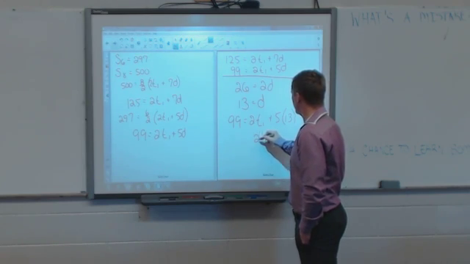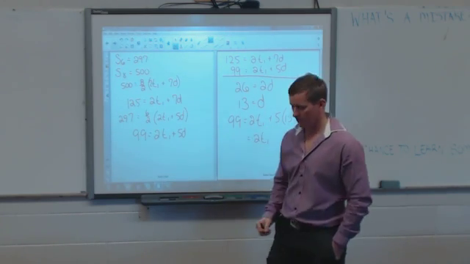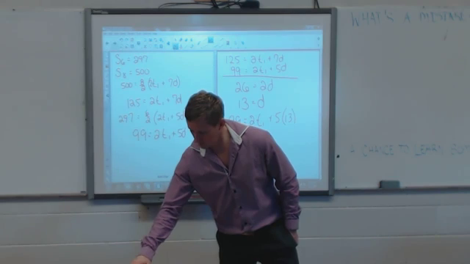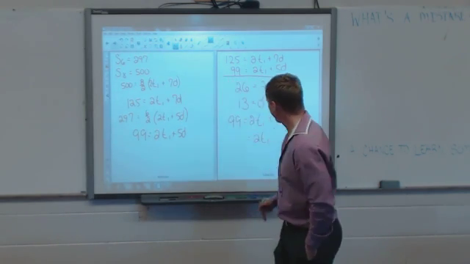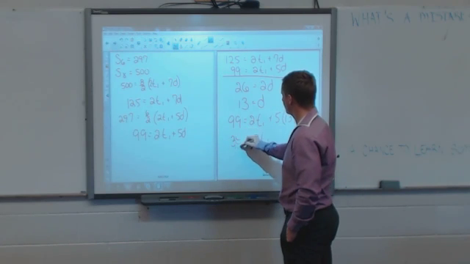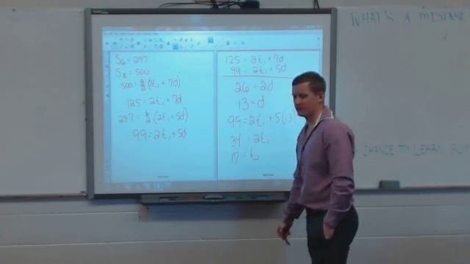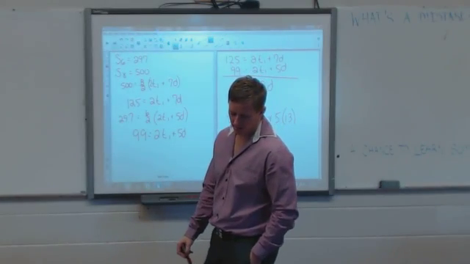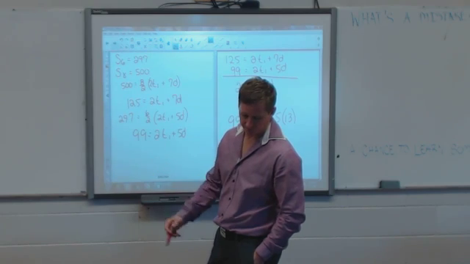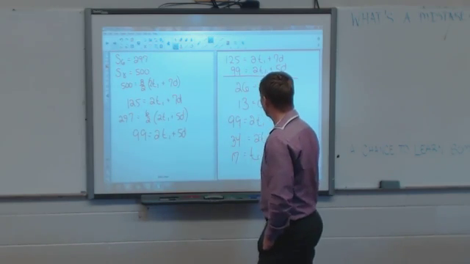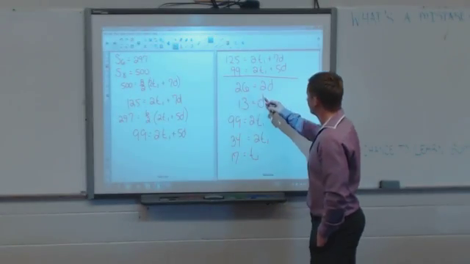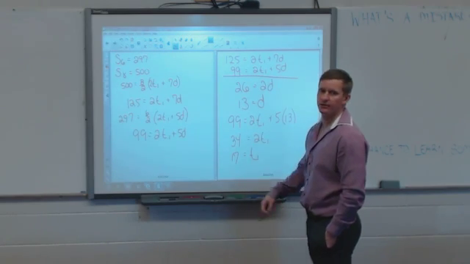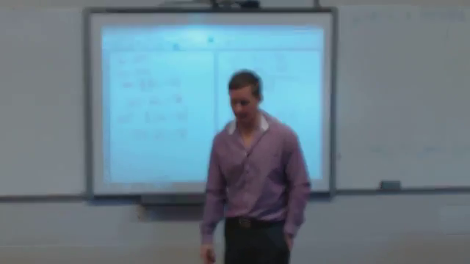So 2t1 is equal to 99 minus 65, 34. t1 is equal to 17. So then it said from there, calculate the first 10 terms. So 17 plus 13, add another 13, add another 13, and so on.